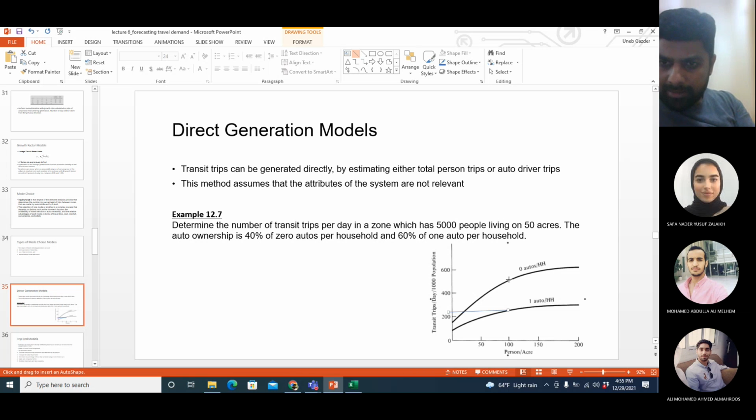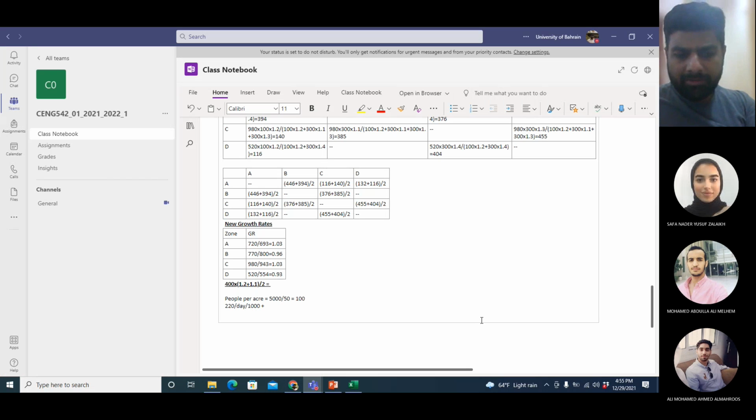So I'm at this point. Numbers are an estimate. I think this is 500 per day per 1,000. If I can find out how many 1,000 people have 0 car ownership, then I will multiply with this number.